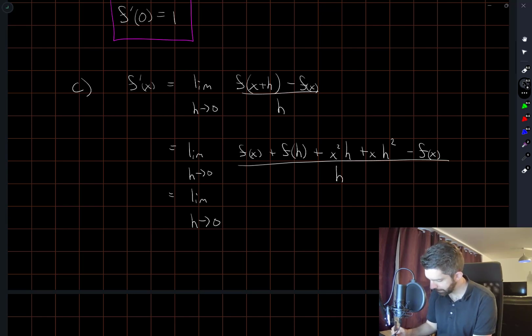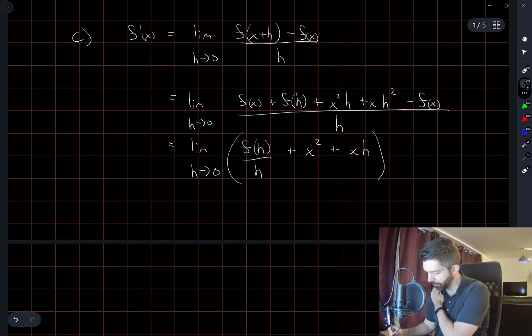Okay, f of x cancels, so I end up with f of h. I'll even do some of the simplification here. I'll write it as 3 different terms like this.